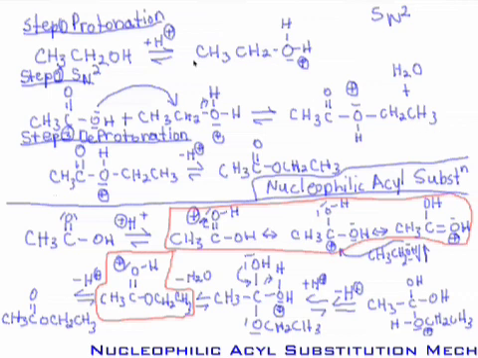Well, what I want you to do is follow what happens to the oxygen on the alcohol. You see, we can purchase ethanol in which oxygen 16 has been replaced with oxygen 18, an isotope of oxygen. Oxygen 18 has a nuclear spin, and hence it can be investigated or studied through nuclear magnetic resonance spectroscopy.